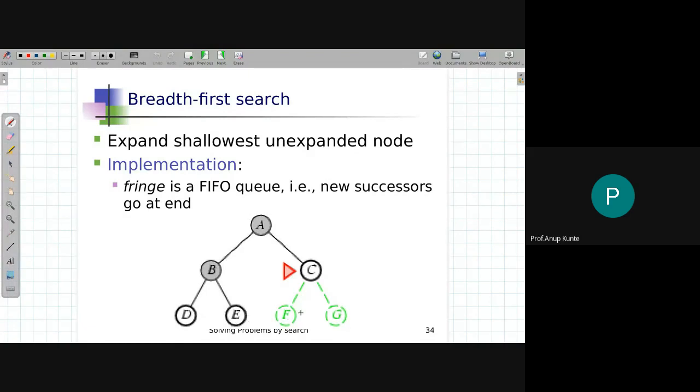These dotted nodes are the nodes which are unexplored yet, but they will be part of the tree, and these are solid lines, whereas these are dotted lines. A and B are already explored nodes, and that's why they do not have double circles or bold circles.